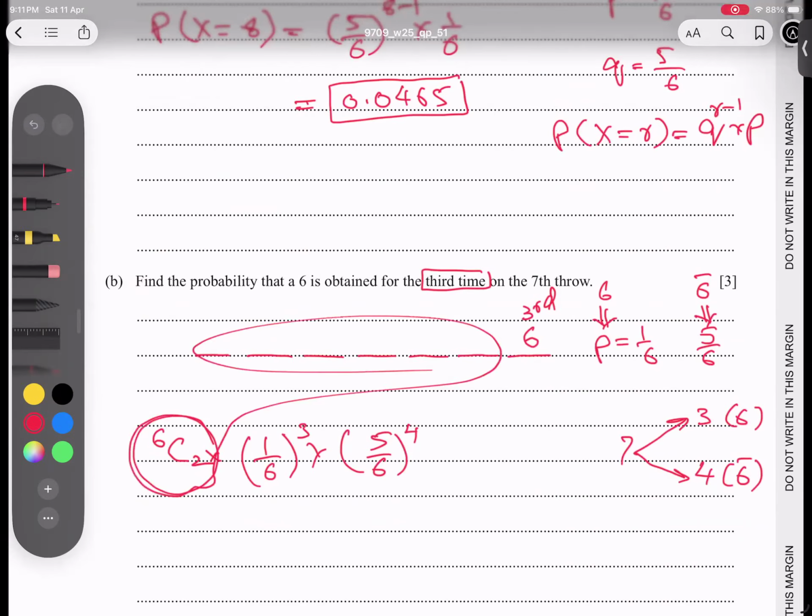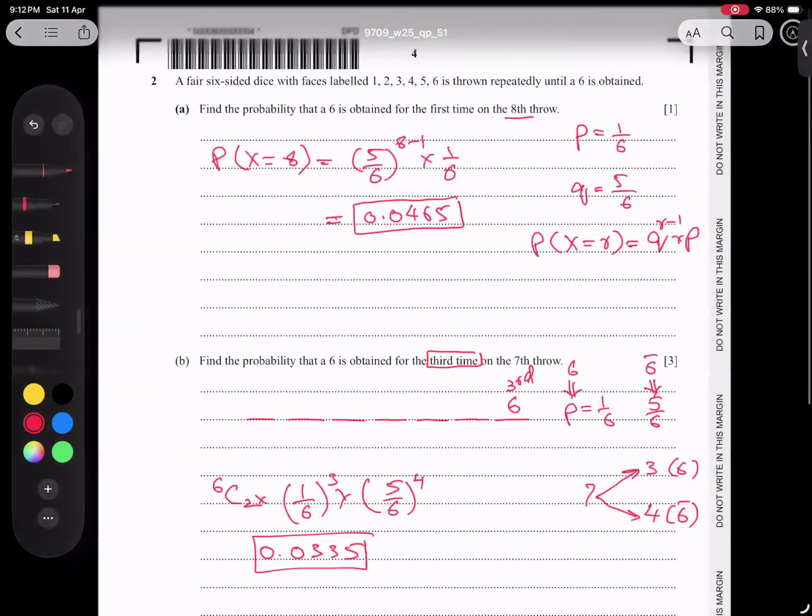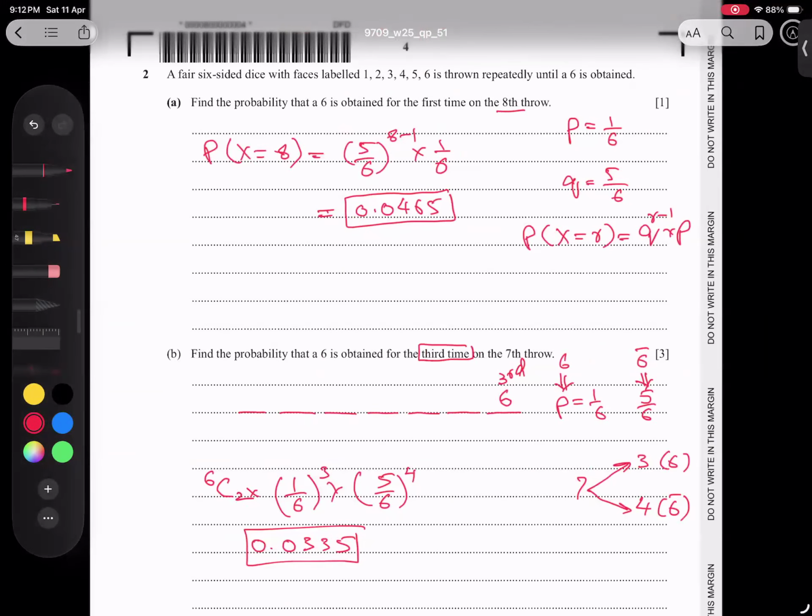Because the values which are shuffling or rearranging are the same, because the 6's are the same. That is the logic. And after typing in the calculator, the 3SF answer is 0.0335. So I hope the concept is very clear. This question was a little tricky, but I hope you got the idea.